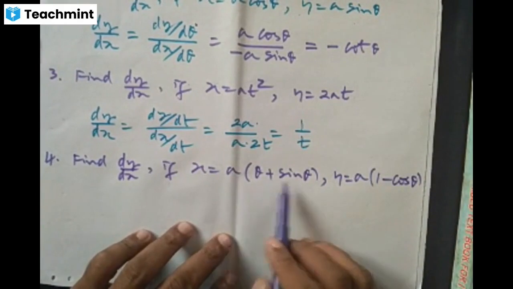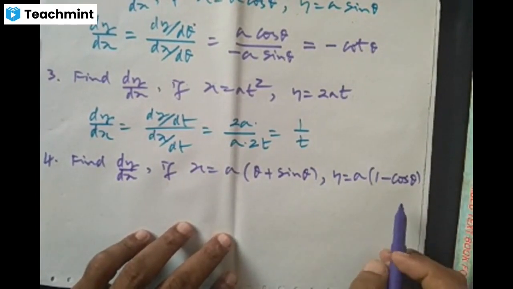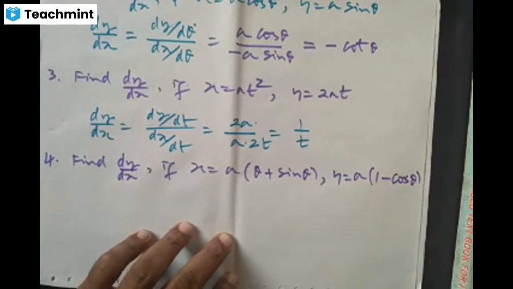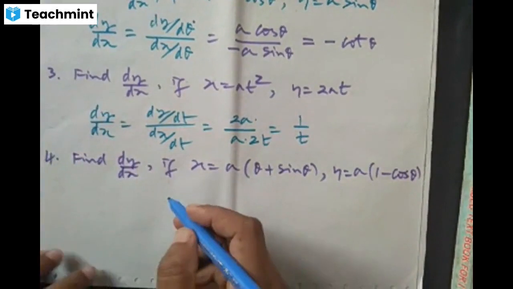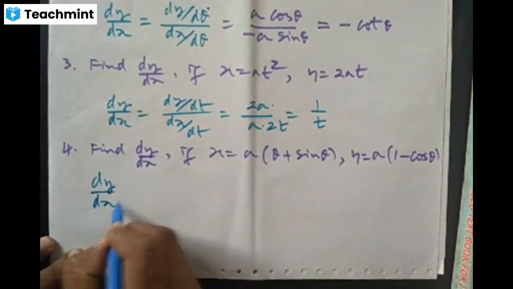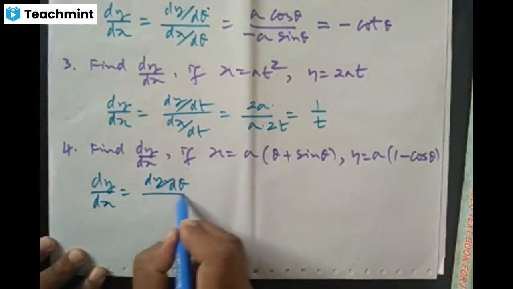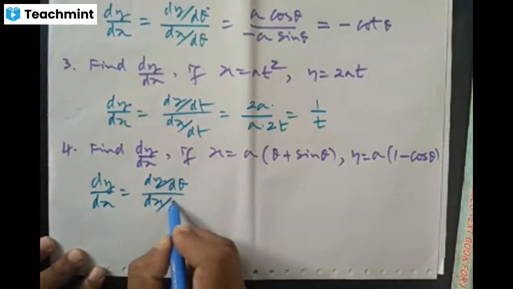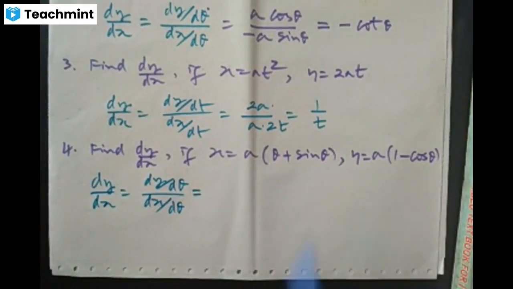So find dy by dx. Dy by dx is equal to dy by d theta divided by dx by d theta, right? Because here theta is the parameter.